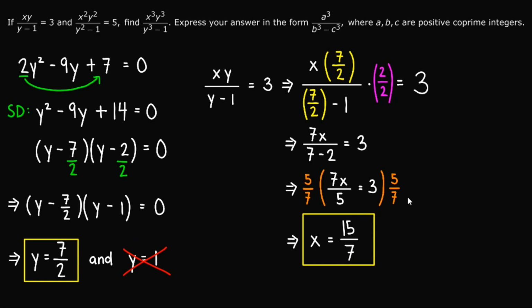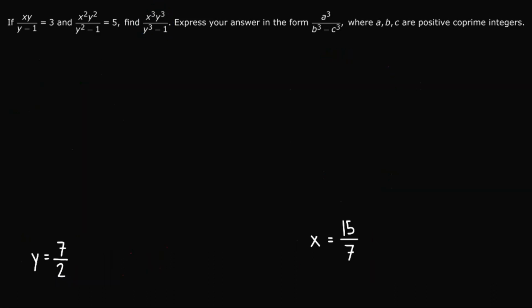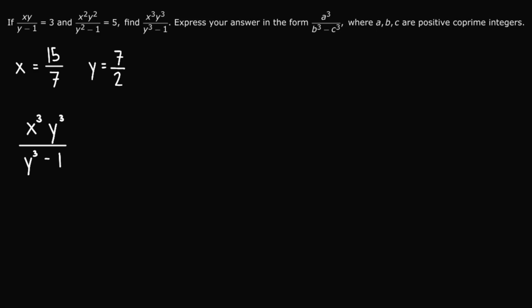The last thing to do is plug these values into the expression that we need to find. So let's first clear out some space and move this around. Now let's plug x and y into the given expression. We'll have x cubed y cubed over y cubed minus 1.